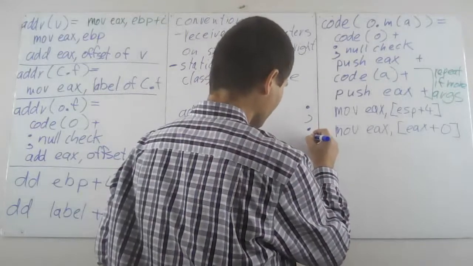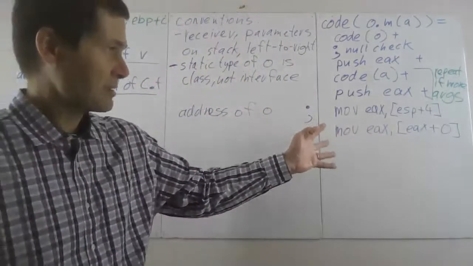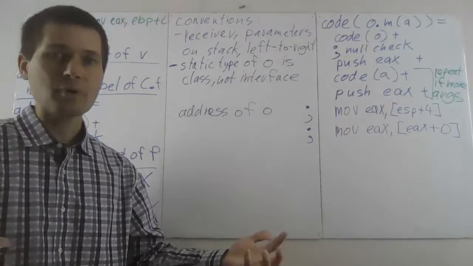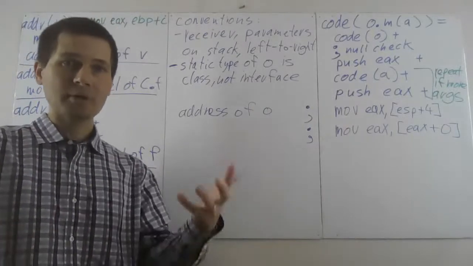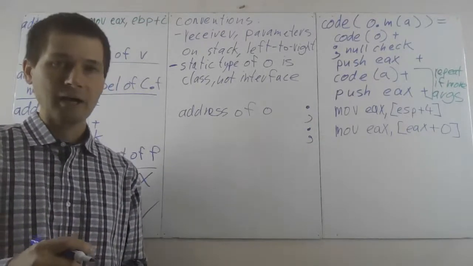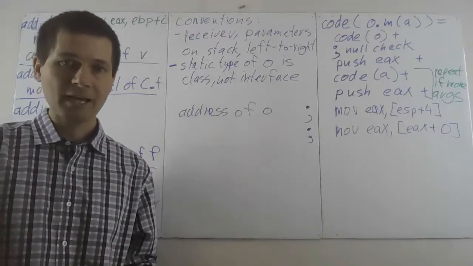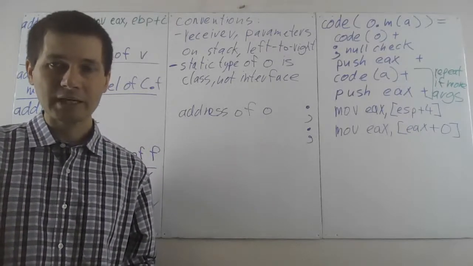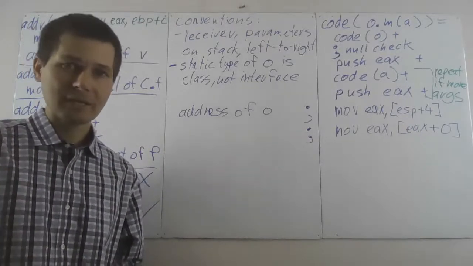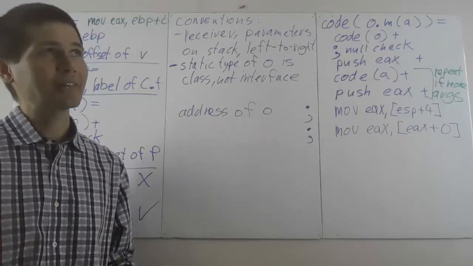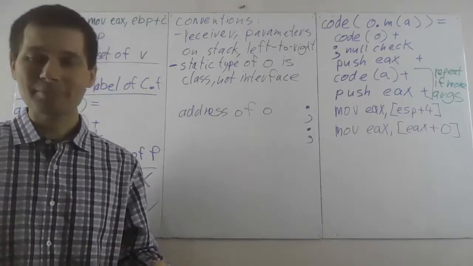You can follow the same pattern in other places where you need information about the runtime type of an object. There was some discussion on Piazza this morning about type tests. Oh wait, that might have been a private Piazza message.